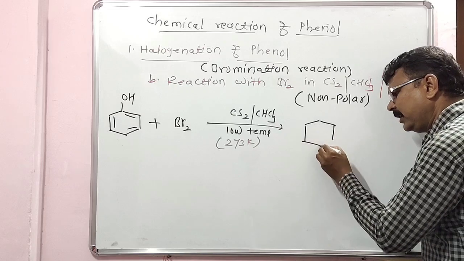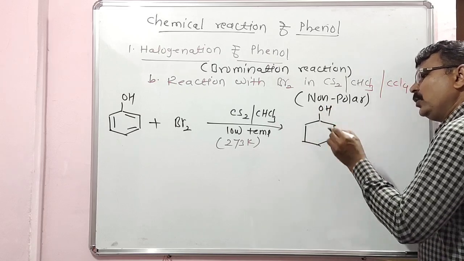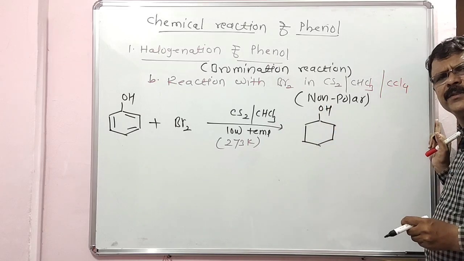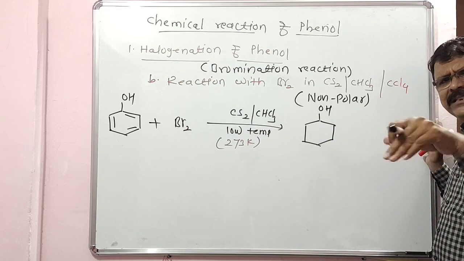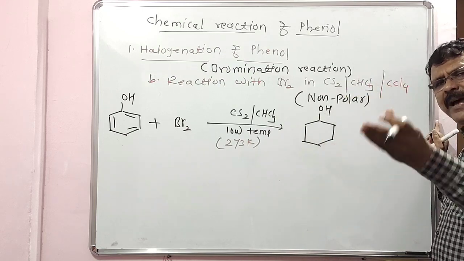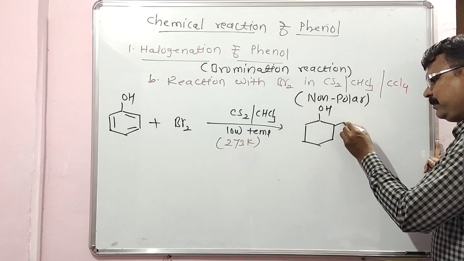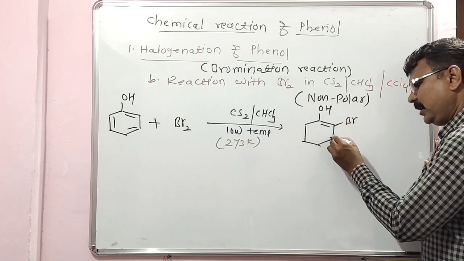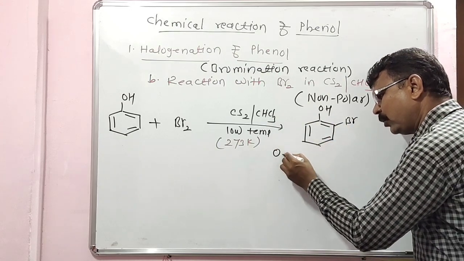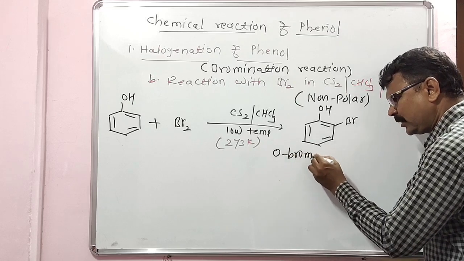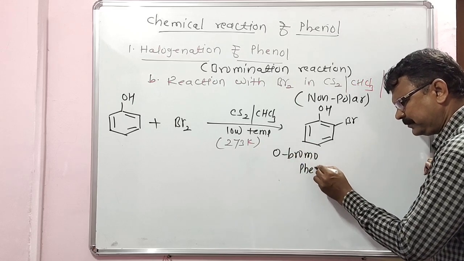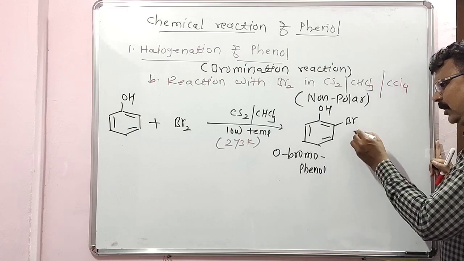The first product: OH is the activating group, and at the ortho and para positions the directing group is Br. The name of the compound is ortho-bromophenol.